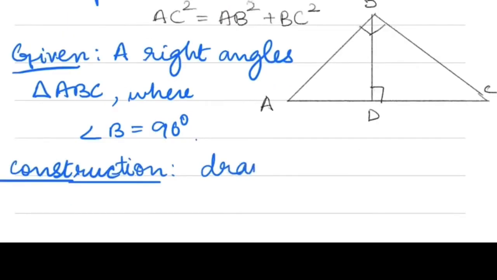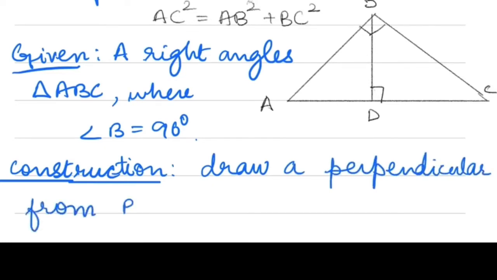Construction: draw a perpendicular from B on AC, that is BD.